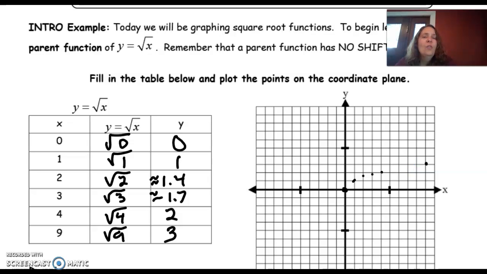Instead, let's go ahead and see if we can connect those, and it pretty much looks like that. What you have actually is a sideways parabola, but just the top half, because of course y equals the square root of x. Well, if you're looking at square roots, that would have to be a positive number. Y has to be positive, so that's why everything is above the x-axis.